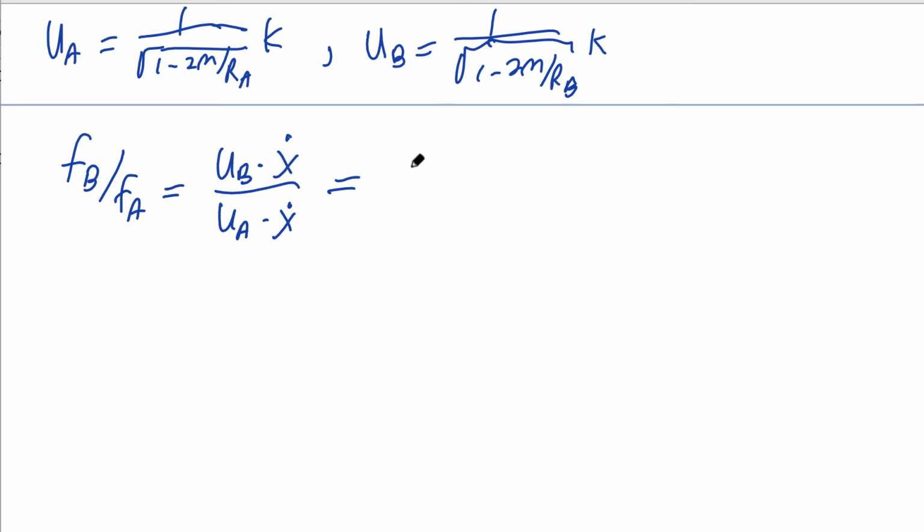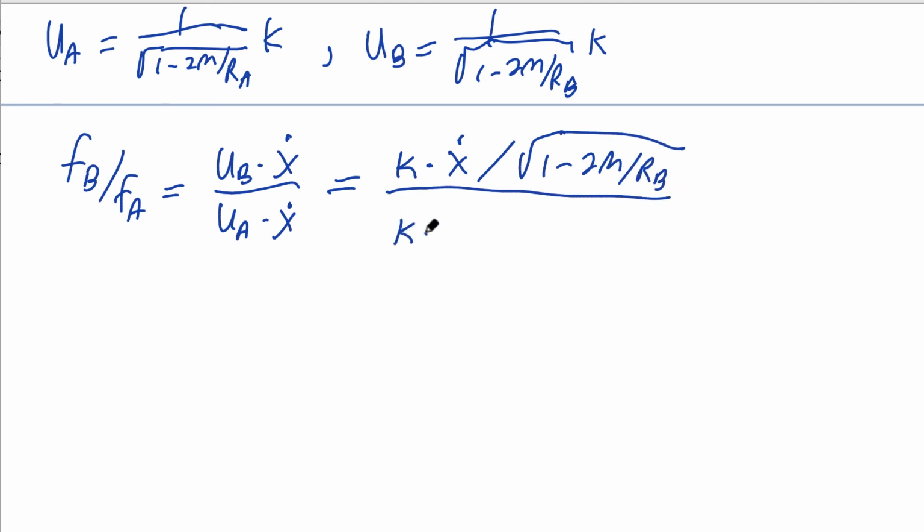So in the numerator we have k dot x dot divided by the square root of 1 minus 2m over r sub b. And for the denominator we have k dot x dot divided by the square root of 1 minus 2m over r sub a. And now remember, anytime we have a Killing vector field and a geodesic, their dot product, their inner product, is a constant.